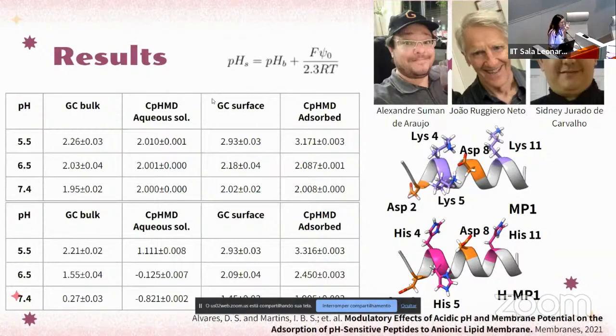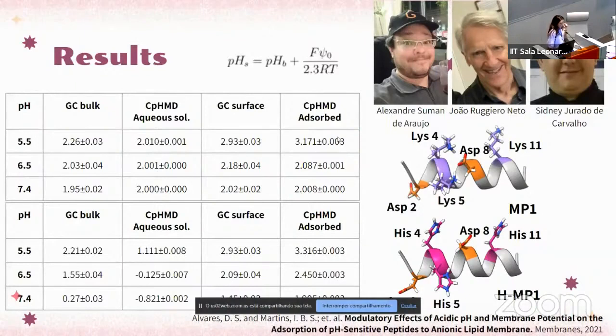This is not in good agreement with the Gouy-Chapman theory, but when you look at the adsorbed lipids, and which charge it would have by Gouy-Chapman on the surface of the bilayer, you can see that the results are more similar than the ones we got in water.